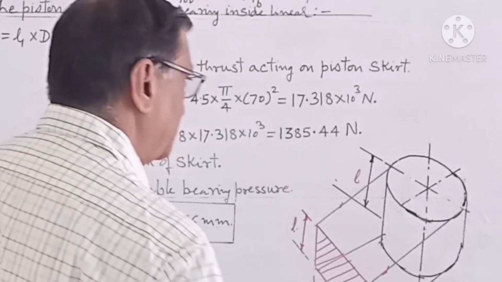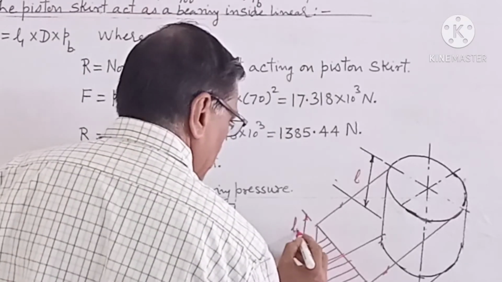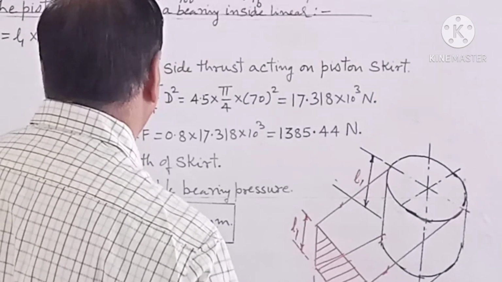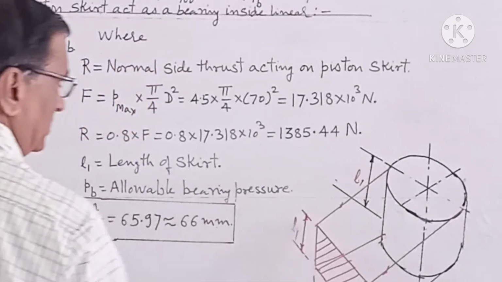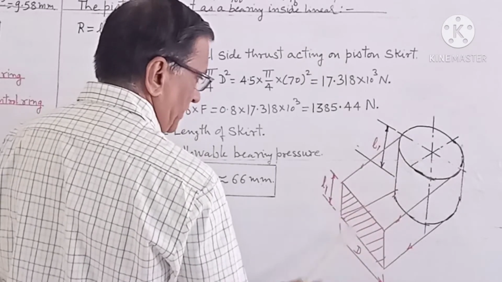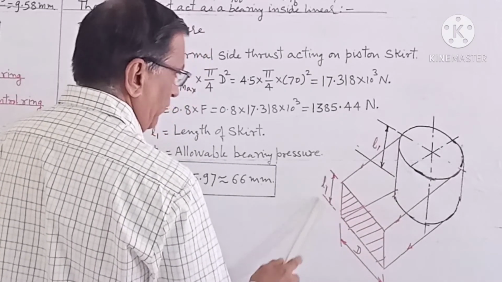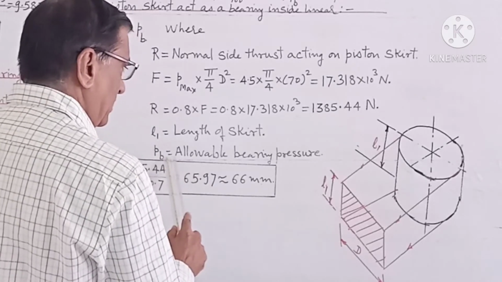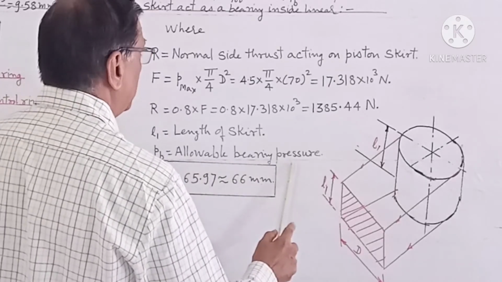Now suppose L1 is the length of the skirt. Then the projected area will be D into L1, correct. And PB is the allowable bearing pressure.